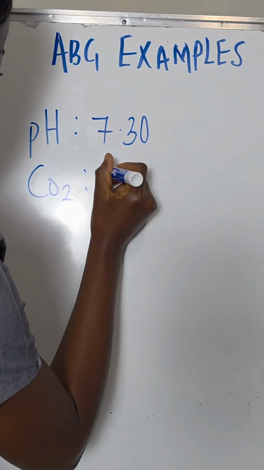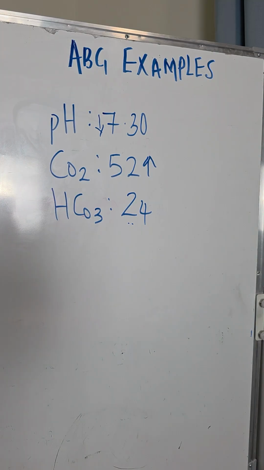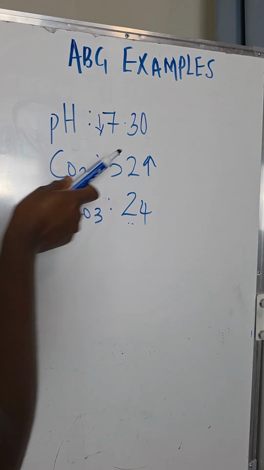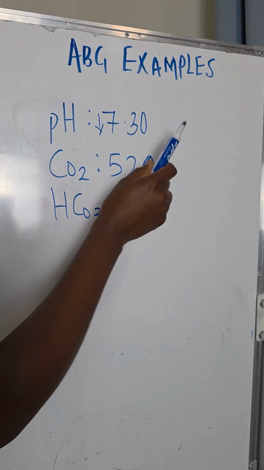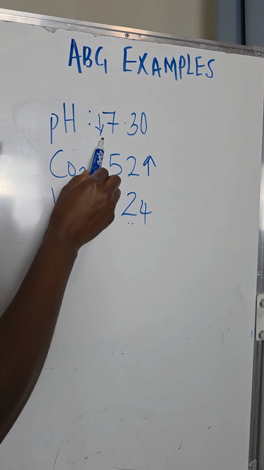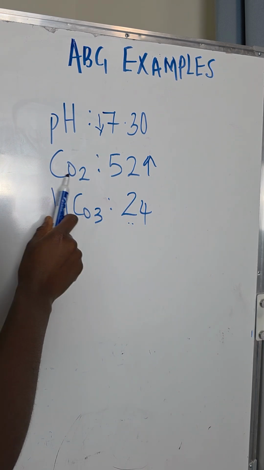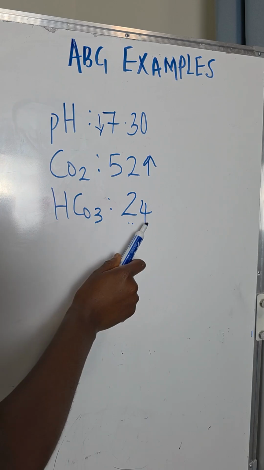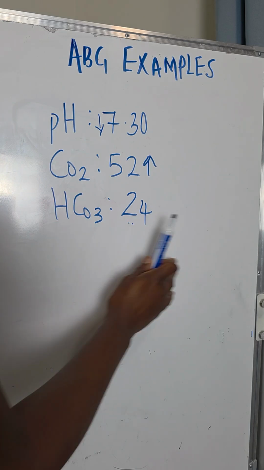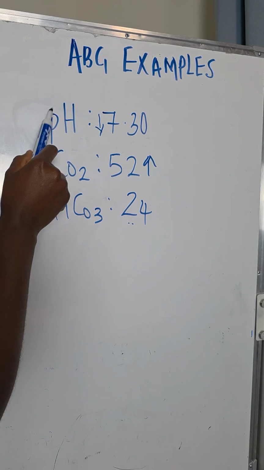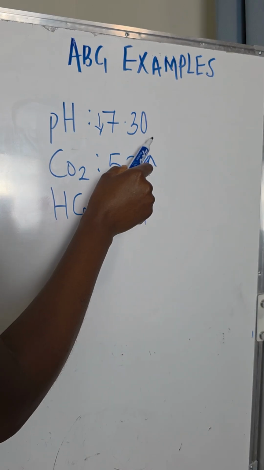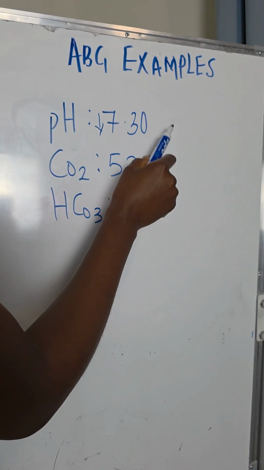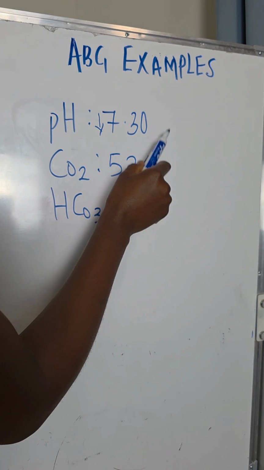Let's go through our first example. Look at the pH. The pH is 7.30, which is low. The CO2 is 52, which is high. The bicarbonate is 24, which is within the normal range. This pH of 7.30 is below the normal range of 7.35, so the patient has acidosis.